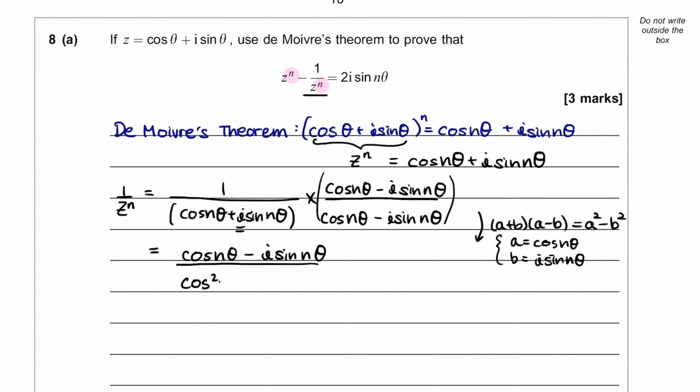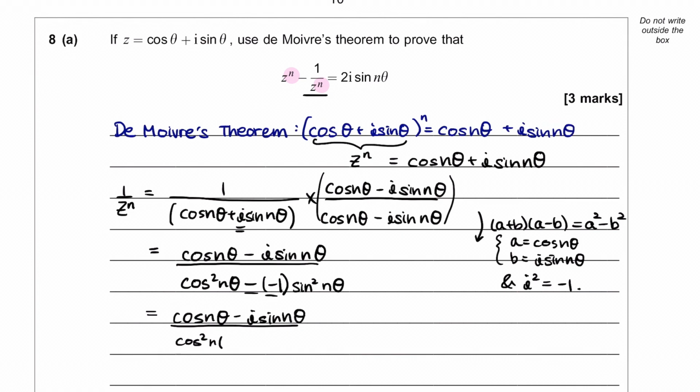Therefore, a squared is cosine squared n theta, minus b squared, where i squared is minus 1, and sine n theta also has to be squared, so sine squared n theta. Now it's minus and minus, so it becomes plus. So cosine n theta minus i sine n theta all over cosine squared n theta plus sine squared n theta.